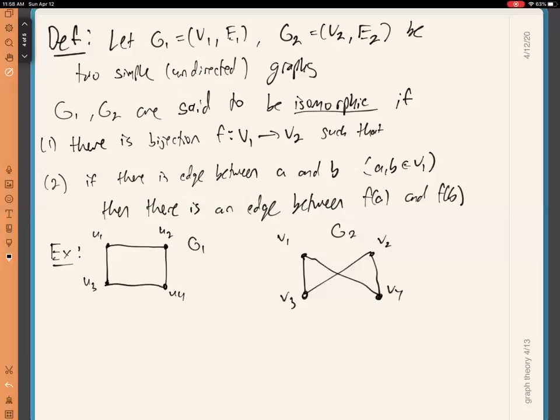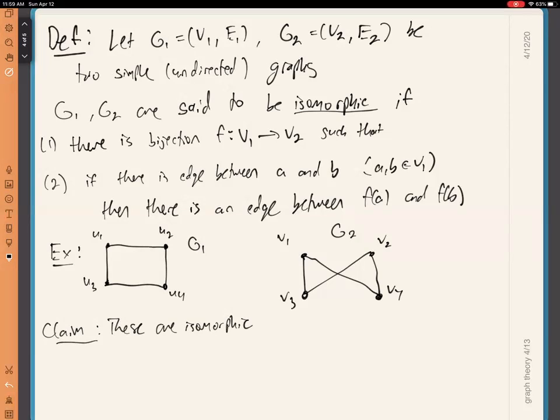And so the claim is that these are isomorphic. How are we going to show that? Well, we have to find a function that satisfies these two properties.